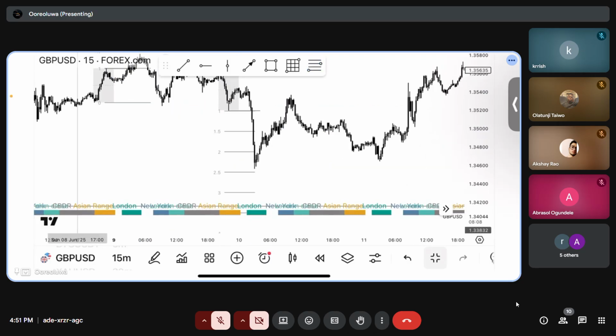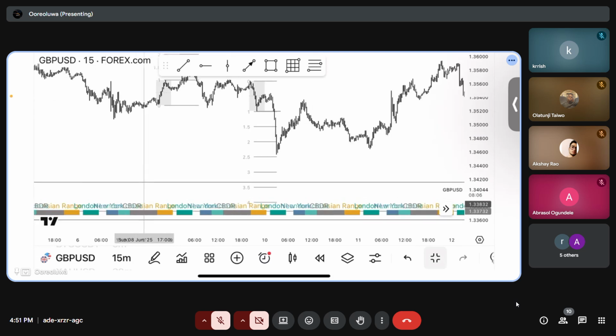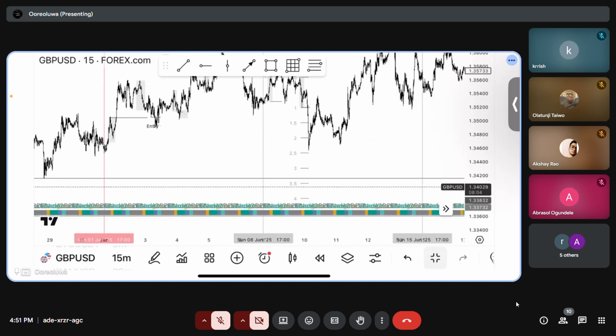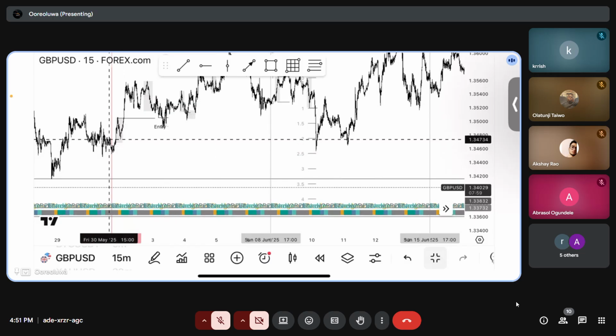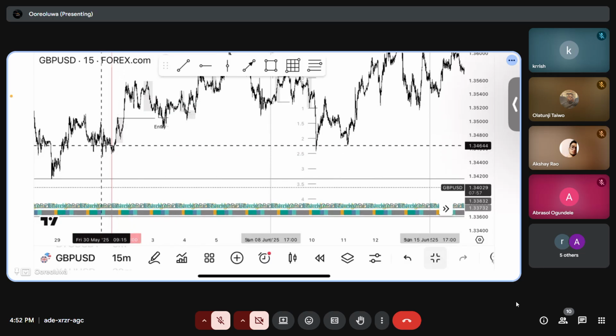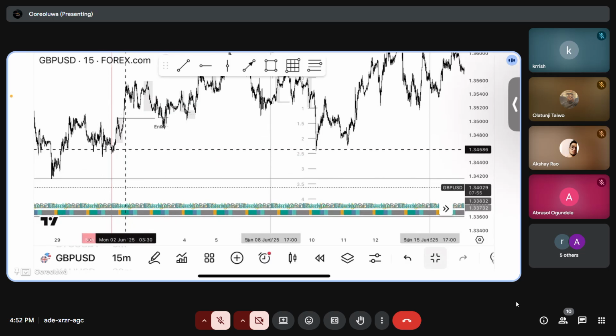So at this point, the two is in alignment with a key level around. All right, this is like a key level, the opening of the week.